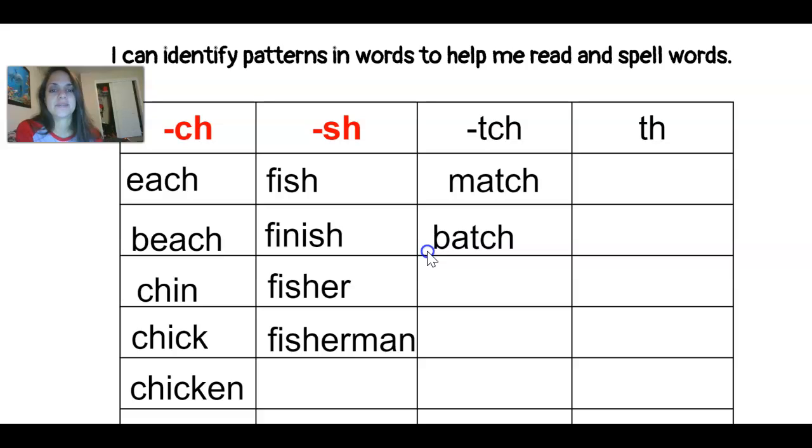Go ahead and read it. All right, let's check your thinking. Batch. Again, we have the same ending sound, different beginning sound. Go ahead and read that. Let's check your thinking. Hatch.